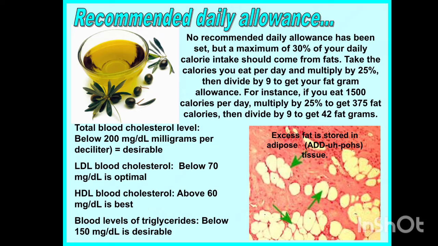No recommended daily allowance has been set, but a maximum of 30% of your daily calorie intake should come from fats. Take the calories you eat per day and multiply by 25%, then divide by 9 to get your fat gram allowance. For instance, if you eat 1500 calories per day, multiply by 25% to get 375 fat calories, then divide by 9 to get 42 fat grams.